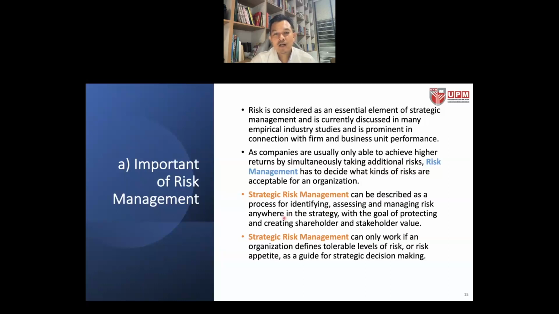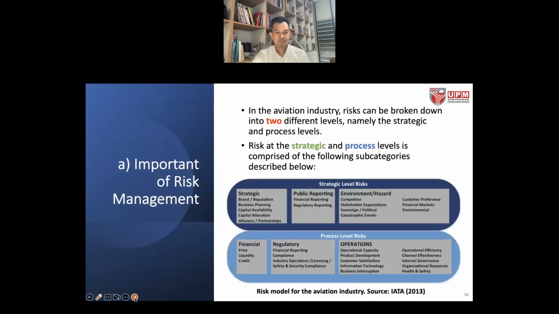So anywhere in the strategy, you want to look at your strengths, your weaknesses, the threats, as well as the opportunities, with the goal of protecting and creating shareholder and stakeholder value. Strategic risk management can only work if an organization defines a tolerable level of risk, or risk appetite, as a guide for strategic decision making. Okay.